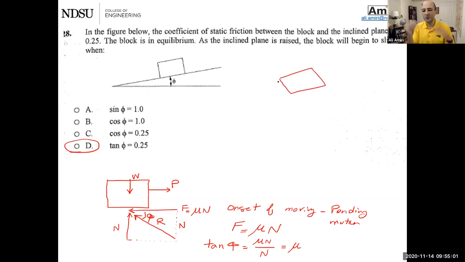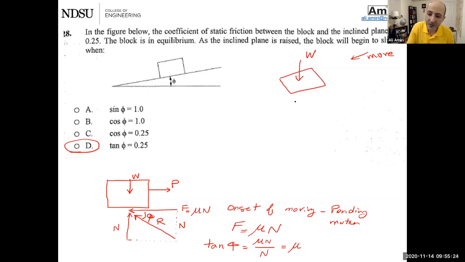Isolate means remove everything from it, just the box. It has a weight W coming down. That's the only thing. The only other force applying is the friction. So if we increase the angle, the box will eventually start moving down.